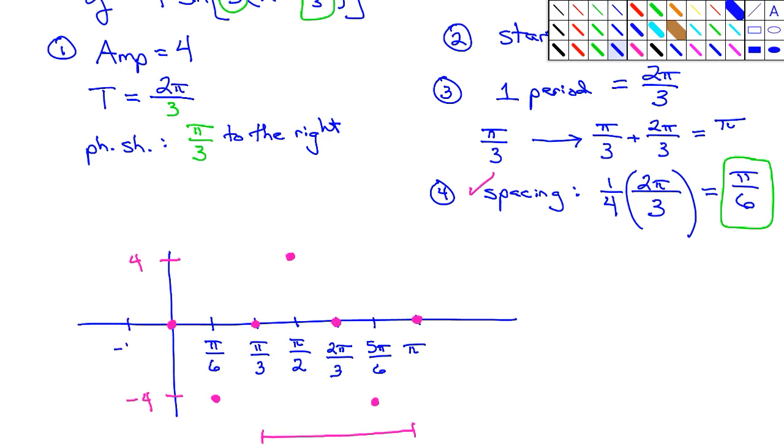So let's have negative pi over 6 and negative pi over 3. We should have the maximum and then the median again. And now let me connect the dots in a sinusoid. And there's our graph.